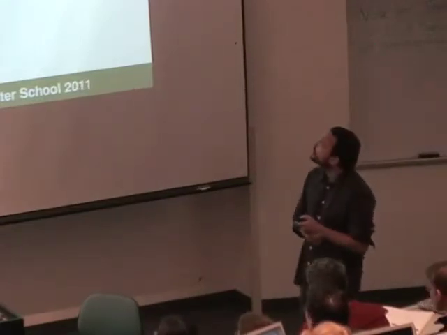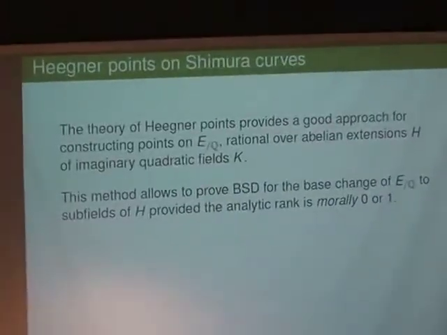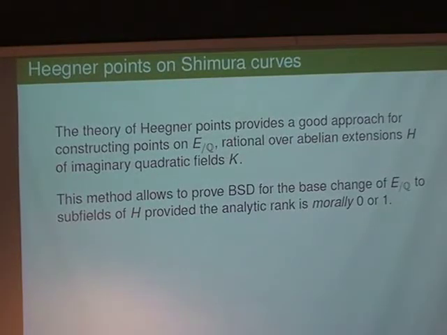Okay. So basically what you manage to do is, if you have your elliptic curve over Q and your imaginary quadratic field K, assume that the order of vanishing of the L-series of E over K is odd.